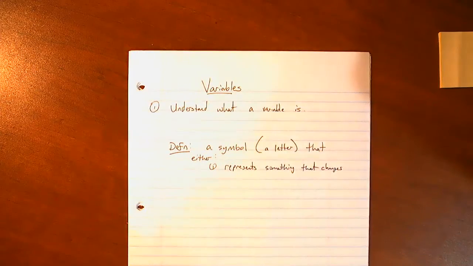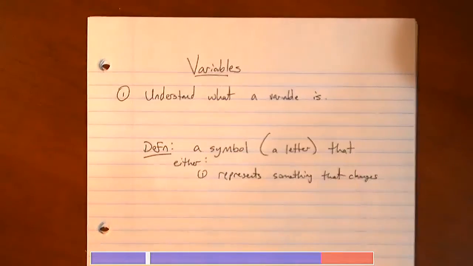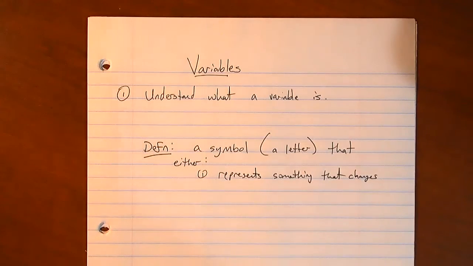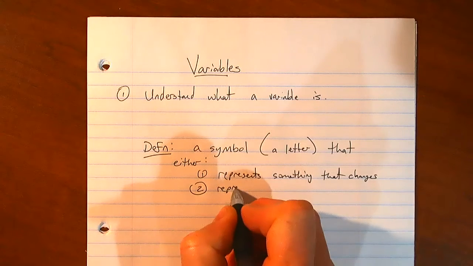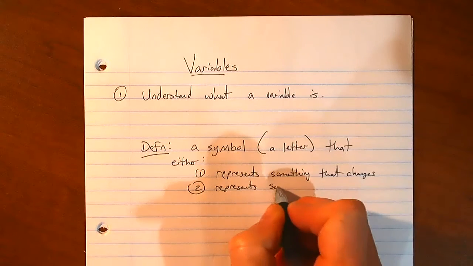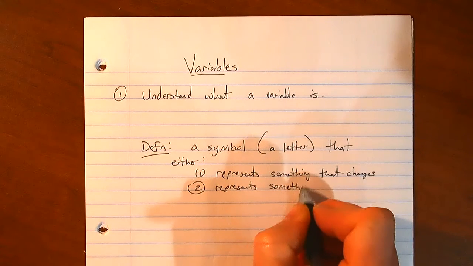Okay, that's where the term variable comes from, right? Variable means that it's allowed to change, it can vary. So it could represent something that changes, or the other thing it could represent is something that we're not sure about, an unknown.